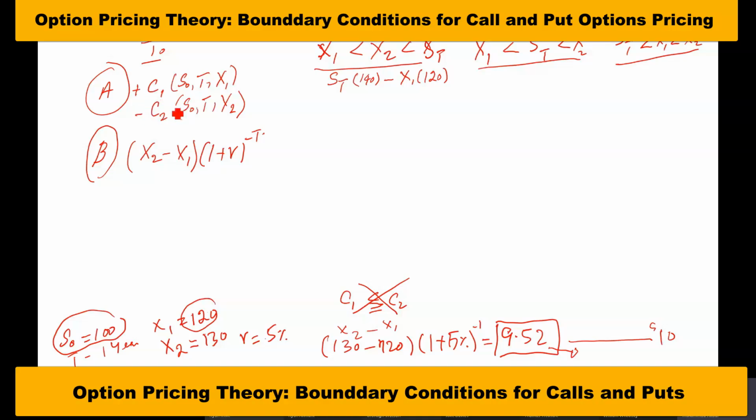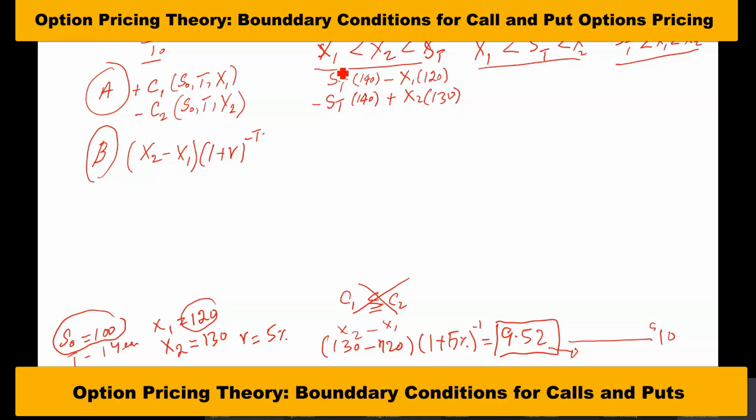So the writer of that call will also have his call in the money and he will exercise. So I will deliver ST, which is worth 140, and because I will be paying it, it will have a minus sign. And I will receive X2, the price I have agreed with the call buyer, which is worth 130.